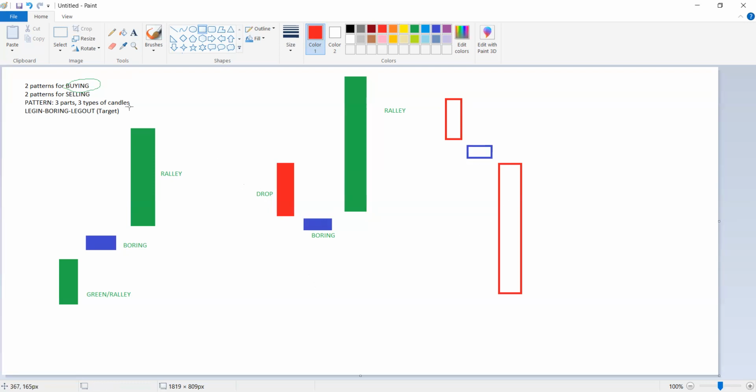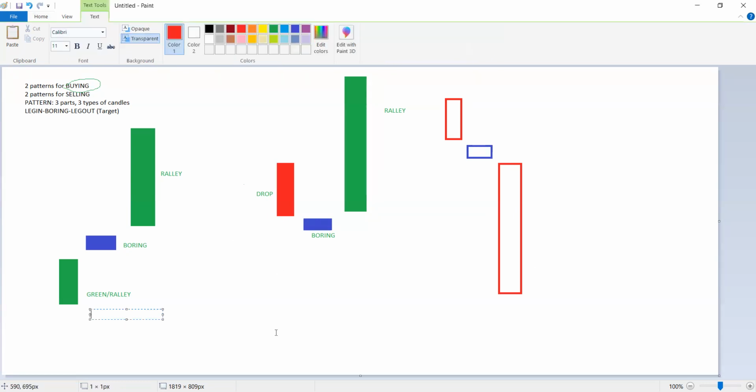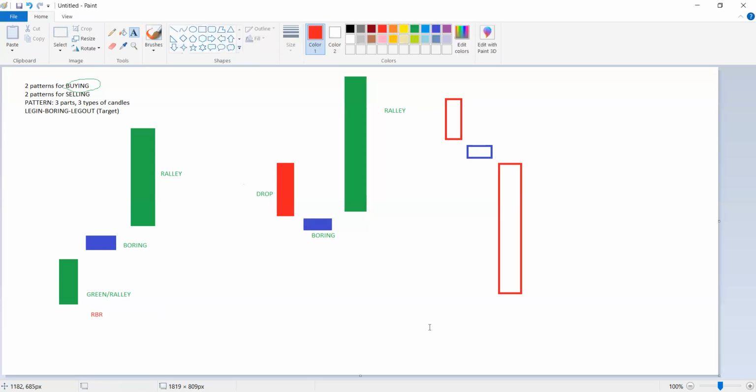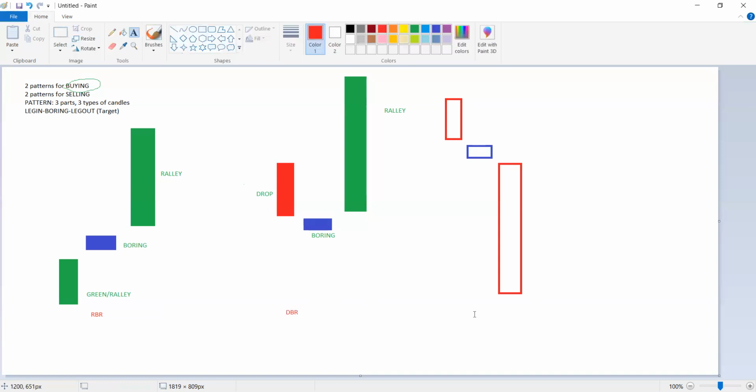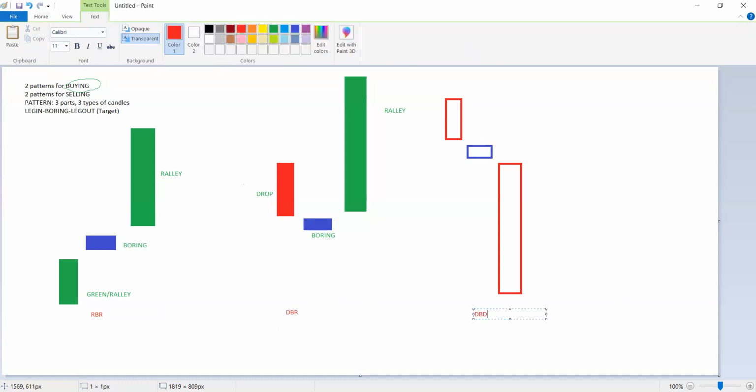In this case we didn't write it out; I just write the short form. This is RBR. The second pattern is DBR. And the third pattern is DBD, drop, base, drop.